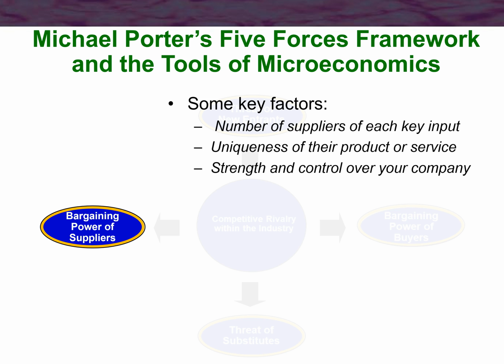If you're doing a lot of subcontracting, that means you are really giving a lot of power over to suppliers of your product. Then there's the cost of switching from one supplier to another. If the costs are very high from switching, that gives the supplier of a key input to you a lot of power.